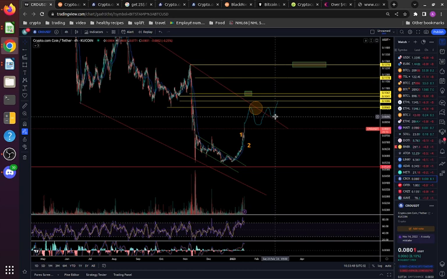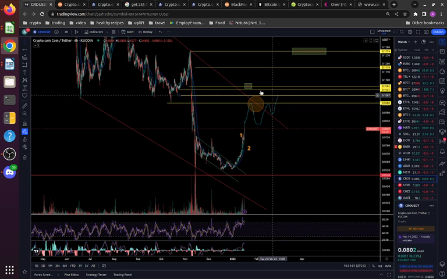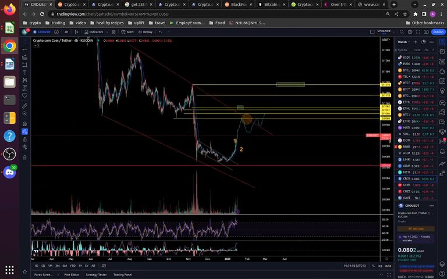That would be a very nice strength signal, and then after that it would be able to break all the resistance coming. So now we have many resistance to break. We have 1, 2, 3, 4, 5, and the 6th one is the most important one. Alright, so this is the analysis of the chart.